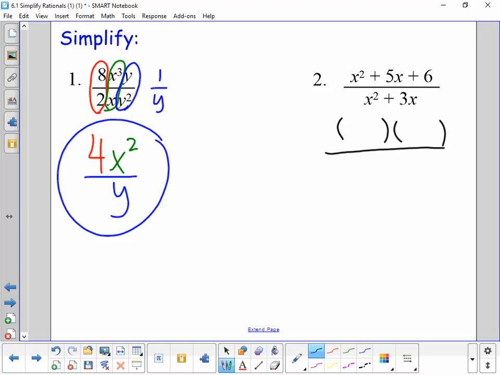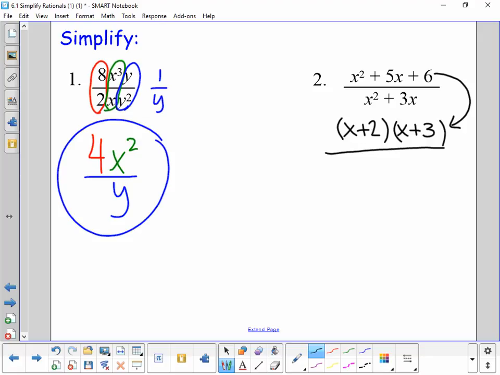X squared plus 5x plus 6 factors as x plus 2 times x plus 3. So essentially, what factoring does is turn this sum, a bunch of things being added, into a product, which is things being multiplied. And so then we're able to reduce if we have a like factor that can reduce.